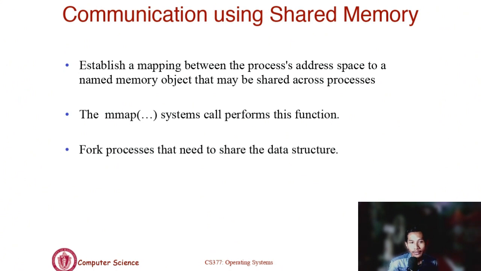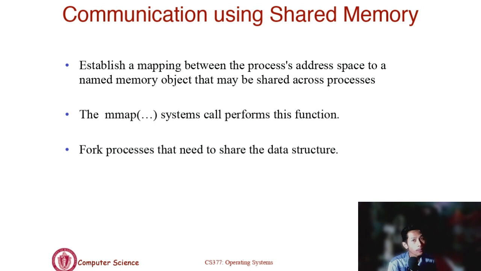Okay, in some scenarios, inter-process communication, or IPC, can be facilitated through shared memory. Shared memory communication involves establishing a mapping between the address spaces of multiple processes to a named memory object.